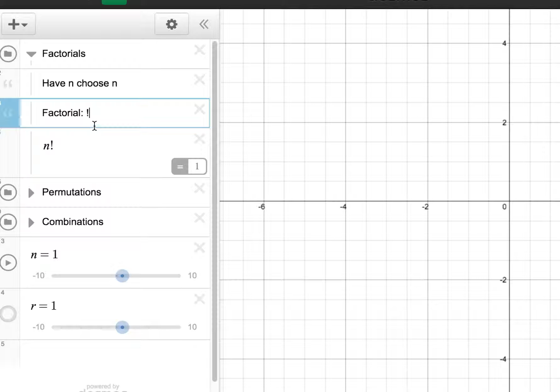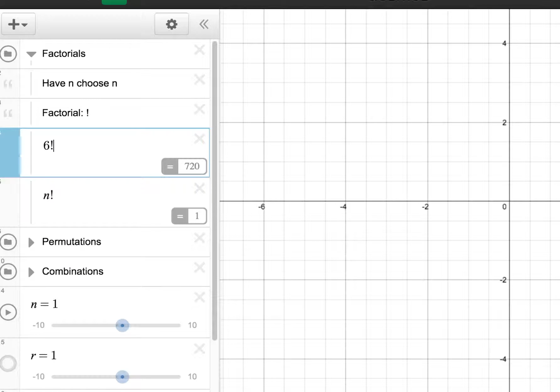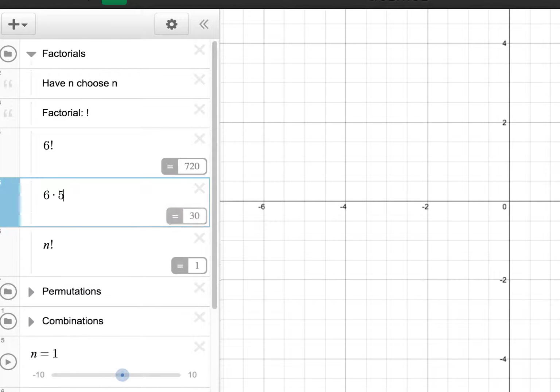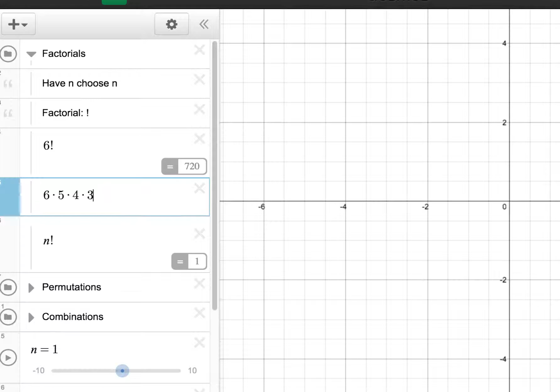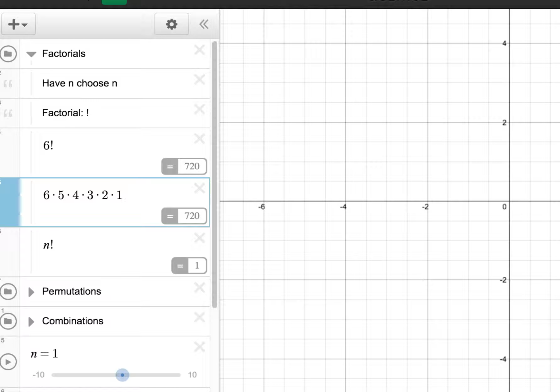And basically what that means is that if you were to have, say, 6 factorial, that's the same as saying 6 times 5 times 4 times 3 times 2 times 1. So there are 720 different ways to arrange that. You can see how Desmos uses that operator rather than having to type out all of those different things.